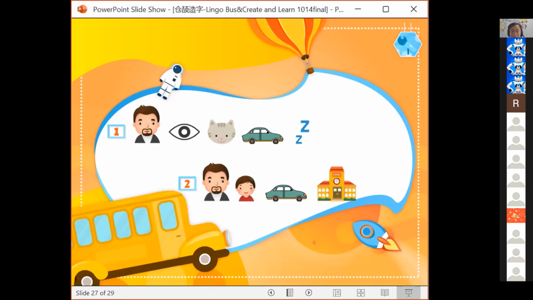The right answer is a man saw a cat sleeping in a car. How about the second one? Man drops kid at school. Good guess. Yes, or dad and son, they drove to school, right? You guys are good at emojis.